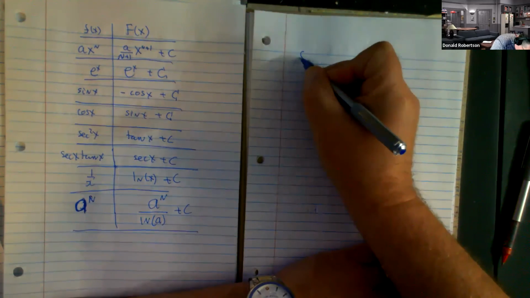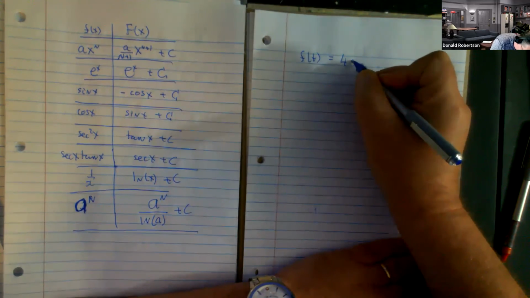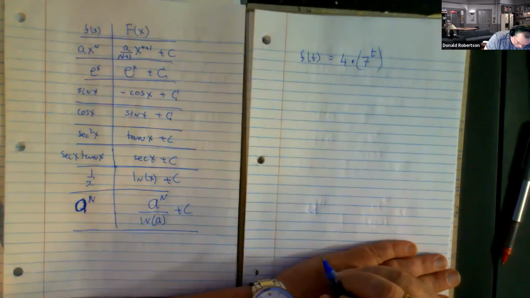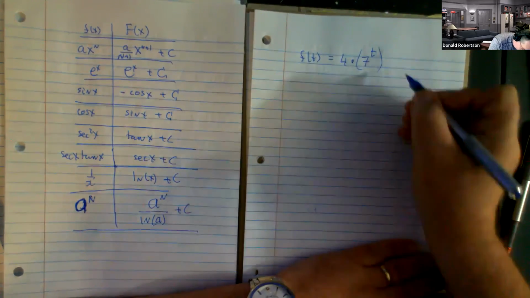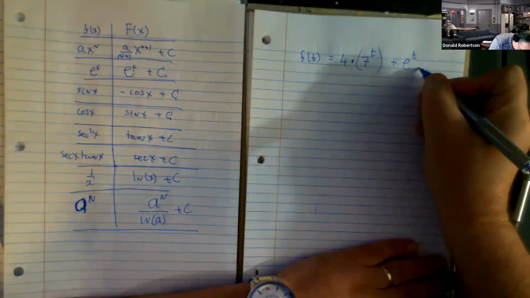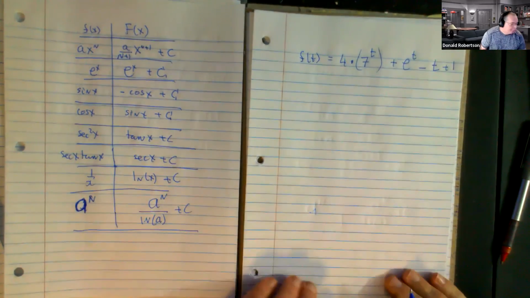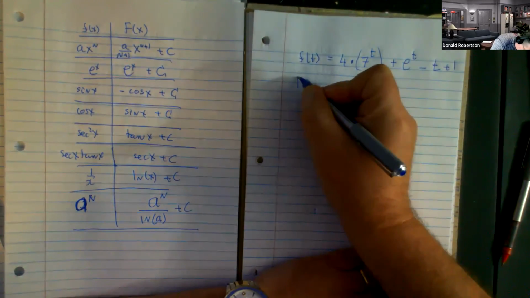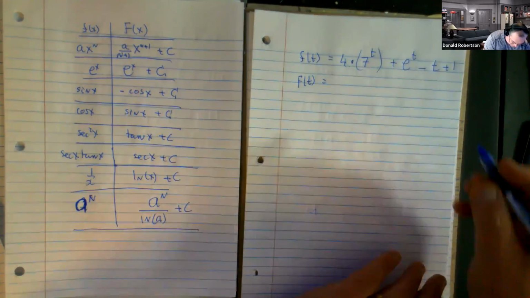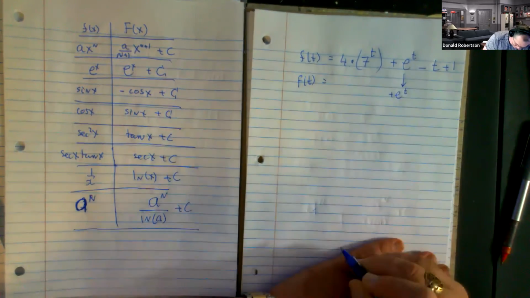So try that one. Suppose I wanted to find the antiderivative of 4 times 7 to the power of t, with little brackets to emphasize it so it doesn't look like 47, plus e to the t minus 8t plus 1. Well, each piece gets dealt with using its own rules. That one is still e to the t.